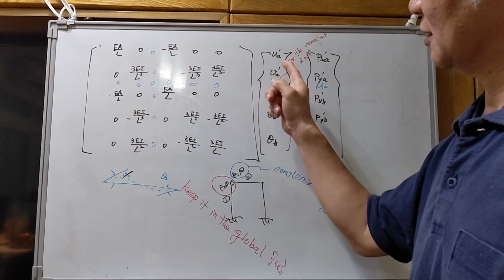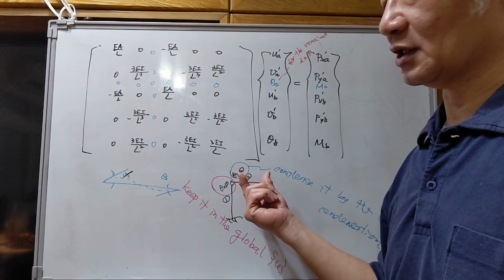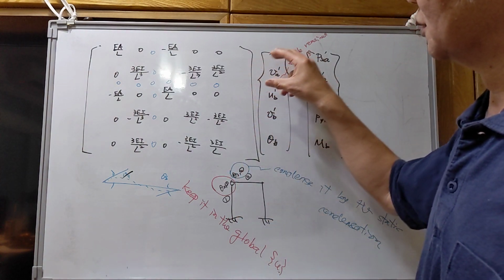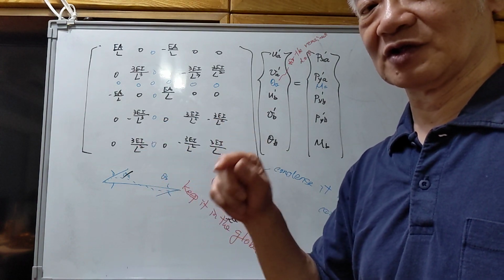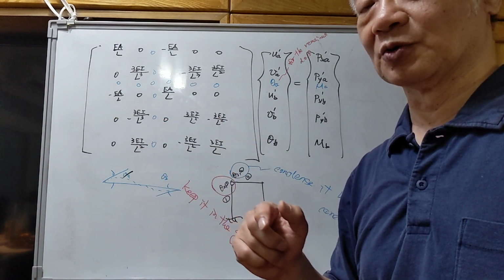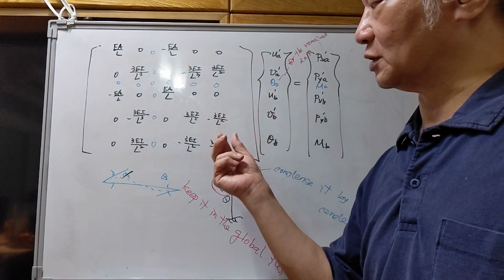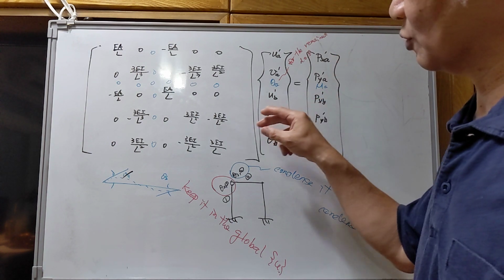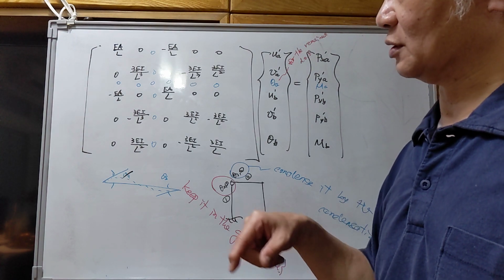The member end forces of element 2 are related to the end displacements of element 2 only. So the remainder degree of freedom is not related to the member end force of the element we are considering right now.